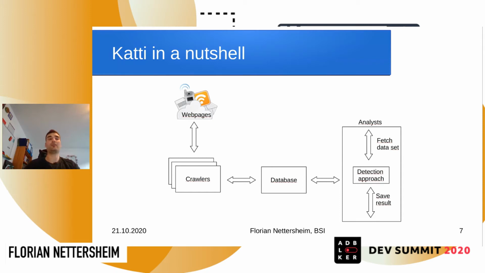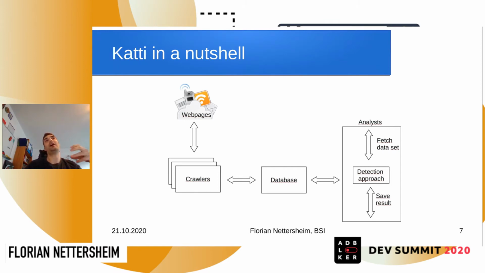After the crawlers have collected the data, Katti has to decide whether it's Ad-Malware or not. Several detection approaches were published in the last few years. For example, one approach is to use the Google Safe Browsing API. The approach is quite simple: you check all requests which belong to a specific advertising impression, and in case of a positive match, it's Ad-Malware.